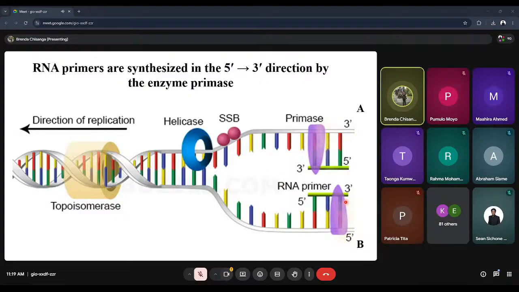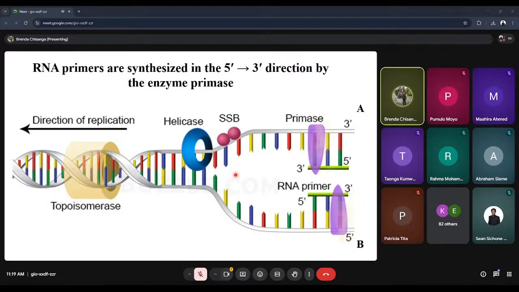So the take-home message from here is that the primase synthesizes the primer in the 5' to 3' direction. One of the strands, the primer will be synthesized in the same direction as the replication fork. On the other strand, the primer will be synthesized in the opposite direction to the replication fork.